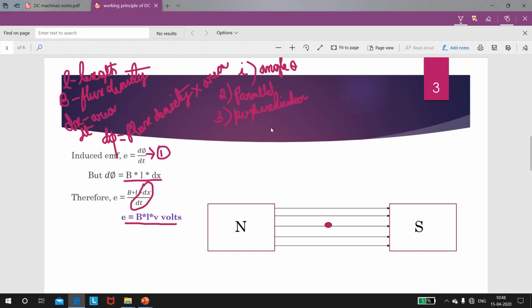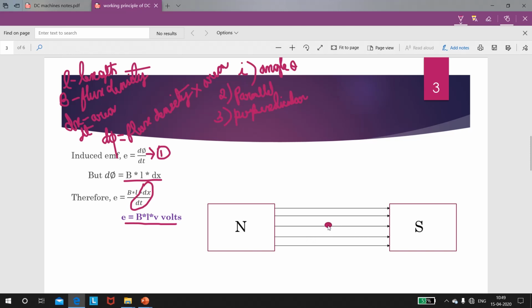So first case, let me consider that I have a conductor and I have the magnetic field here. So you can see these magnetic lines of force. Now I'll consider that I have a conductor and this conductor is moving at an angle theta with respect to these magnetic lines of force.